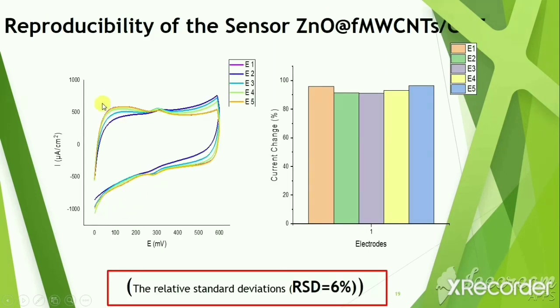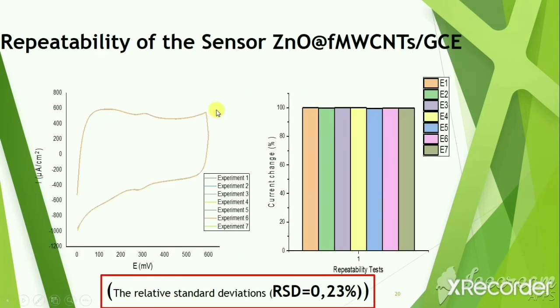To check its reproducibility, 5 electrodes were prepared, using different electrodes and different hands. And as you can see, the results are almost the same with relative standard deviations around 6%. So it is an acceptable result. We can say that our sensor is reproducible.